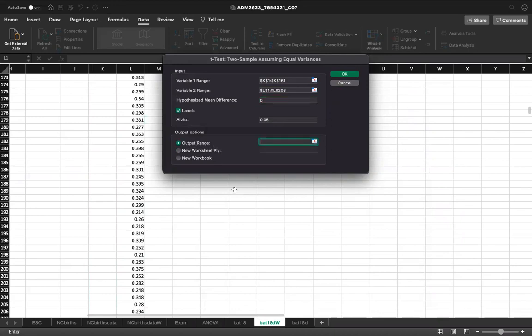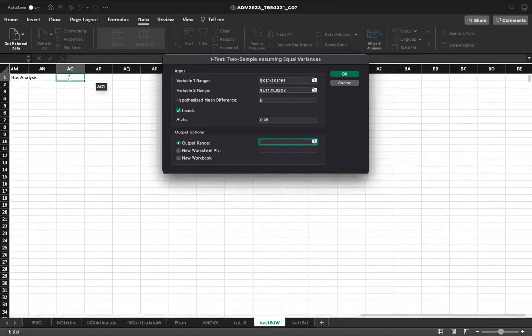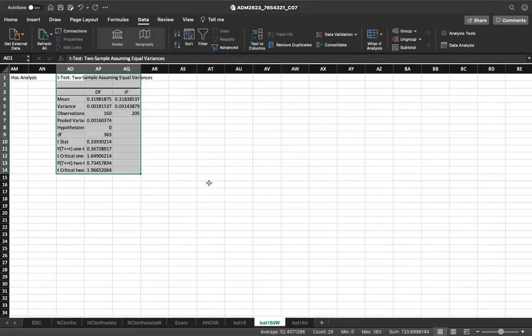Output, we would rather keep it in the same worksheet. So let's put it here. And we get to see the OF and IF result.